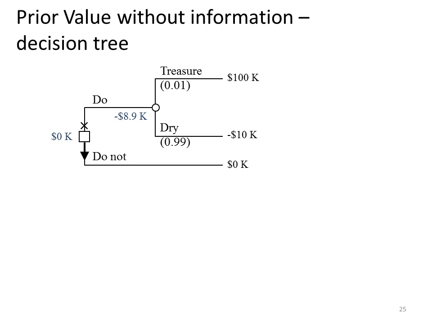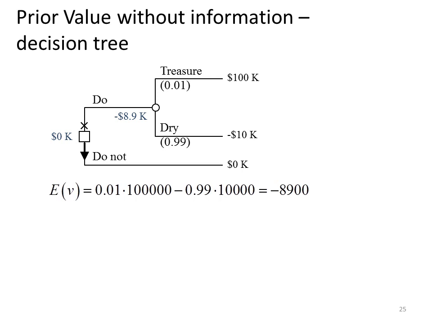So here first we have to compute the prior value without information, and in this case you can build a simple decision tree. Small chance of the treasure, otherwise no treasure. We solve this, we average those with those probabilities, and then at the decision node we take the one that has the maximum value. So this is the expected value. Again, we are assuming that the pirate is a risk neutral decision maker.